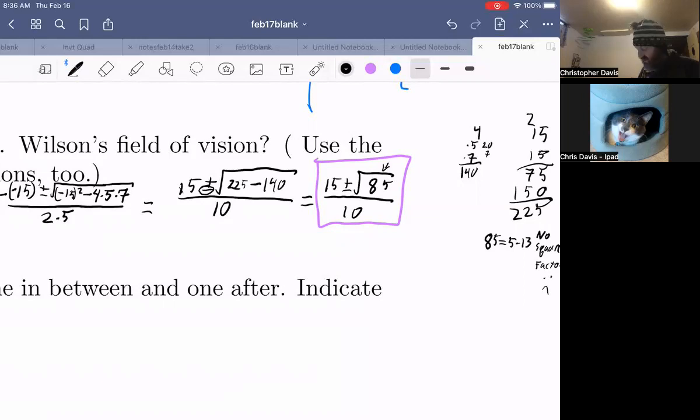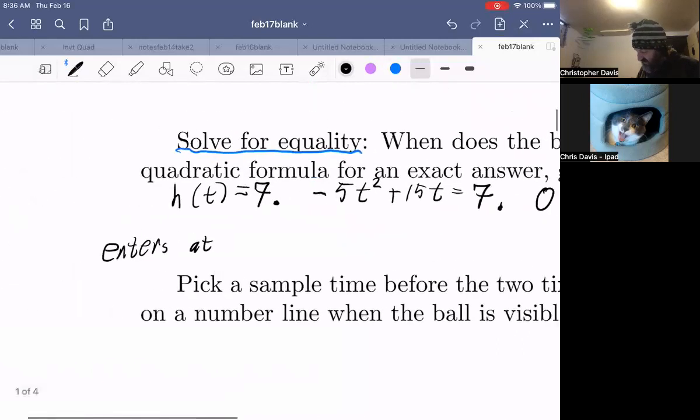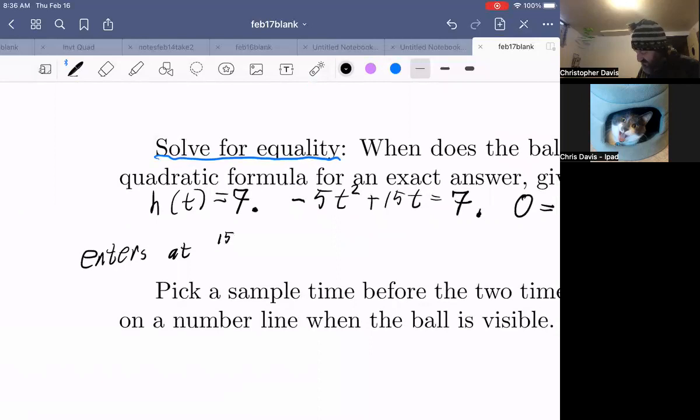So this number will be somewhere around 9-ish. And 15 minus 9, that's still positive. So it enters at 15 minus root 85 over 10 seconds, leaves at 15 plus root 85 over 10 seconds.